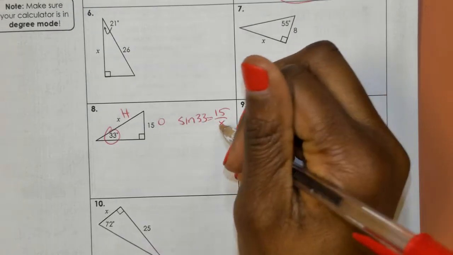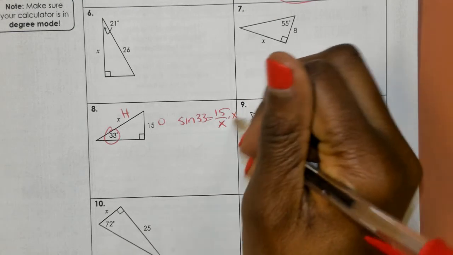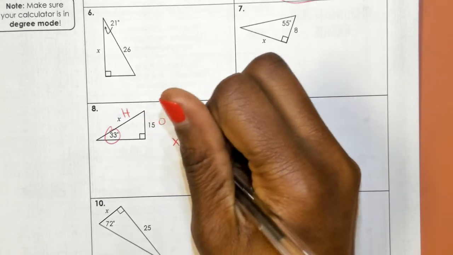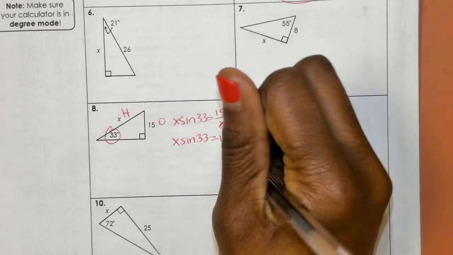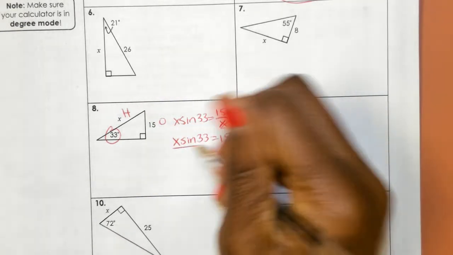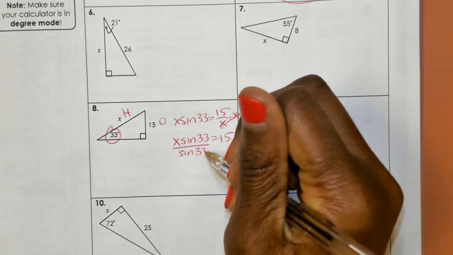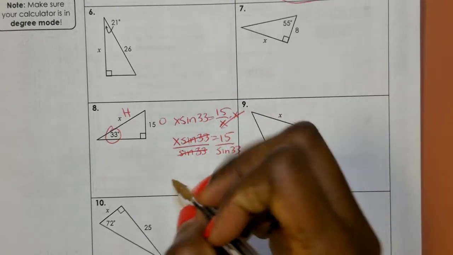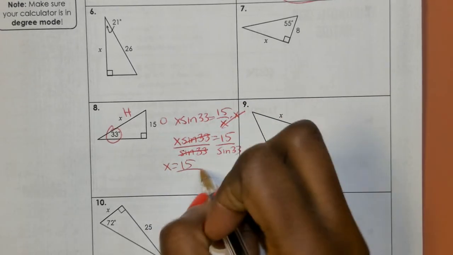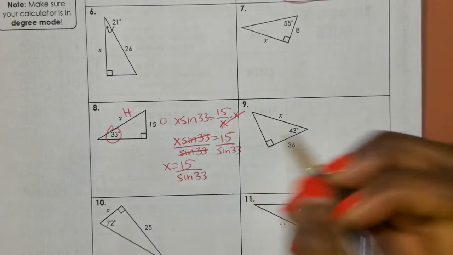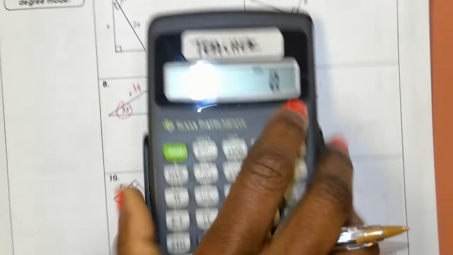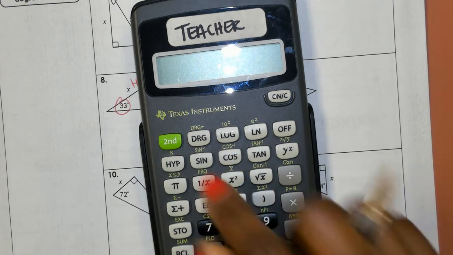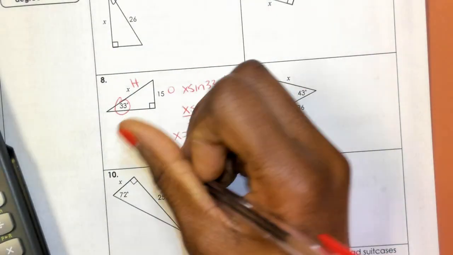Since x is in the denominator this time, when we multiply both sides by the denominator, we don't have x solved for yet. We have x sine 33 equals 15. Then we want to get x by itself, so we have to divide both sides by sine 33. The 33 travels with the sine, and you're left with x equals 15 divided by sine 33. Everything is the same, except instead of pressing times, you press divided by. So this is 27.5.